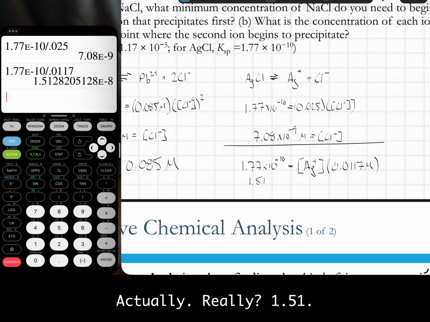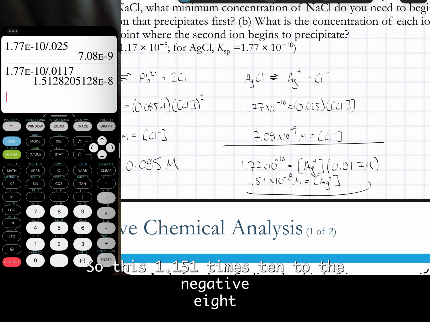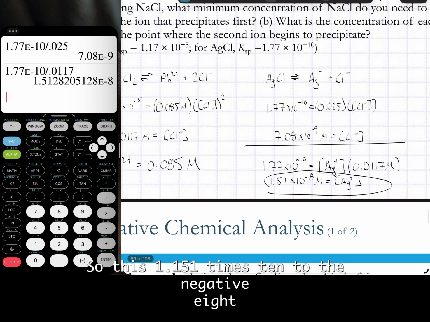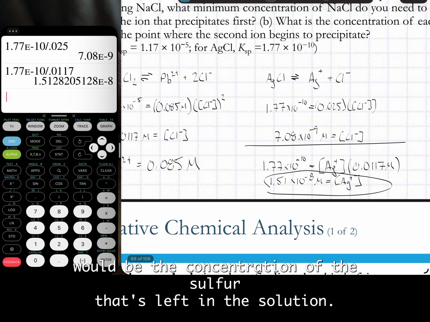Actually, really 1.51, and even that's probably too many sig figs. So this 1.51 times 10 to the negative 8 would be the concentration of the silver that's left in the solution.